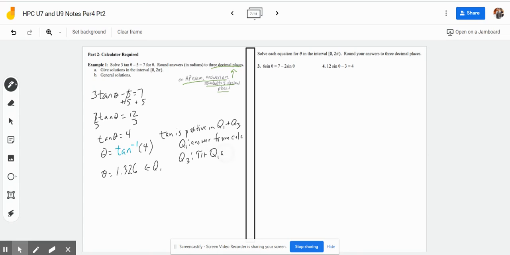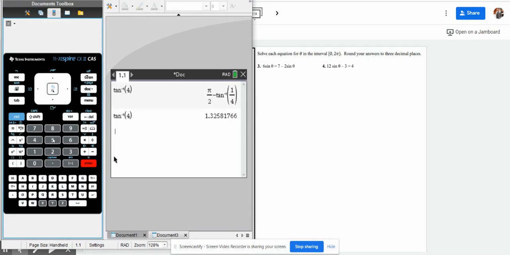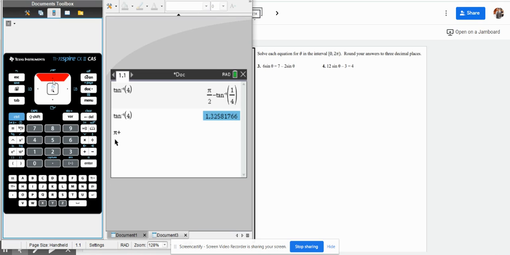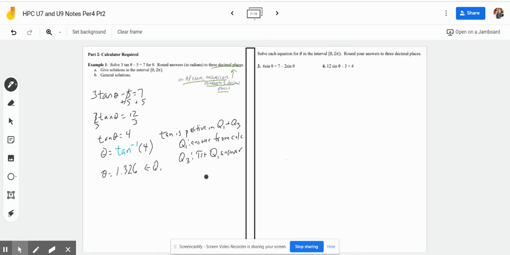And there's 2 ways that we can go about doing that, okay? And let's say that the most exact way, if we're using our calculator, is to take pi plus that tan inverse of 4 value and then control enter. Okay, so it's going to be 4.467. All right, so let's write that down here.